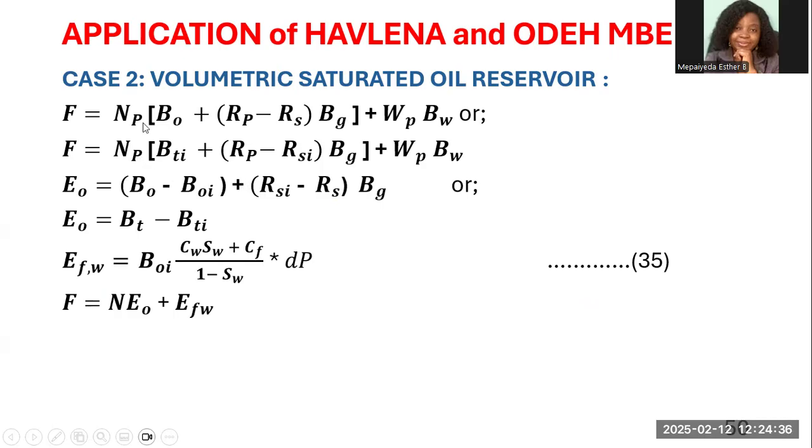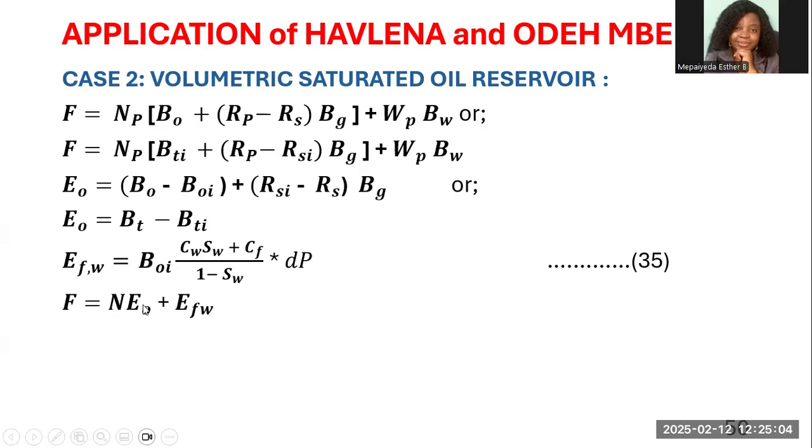This is a bit of a breakdown of your F, Bt, and what you have here, Eo. This is your Eho left. Your Eho, if it is in two-phase, if your F is in two-phase, if your Eo is in two-phase, then your Efw, that's your Bo, you have this left.